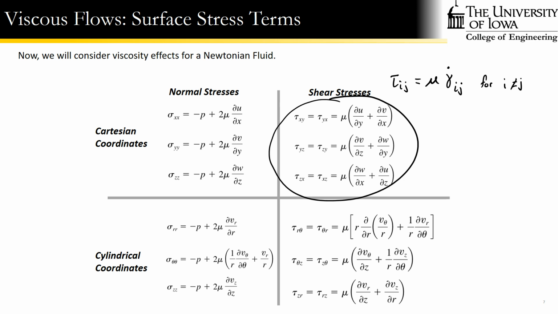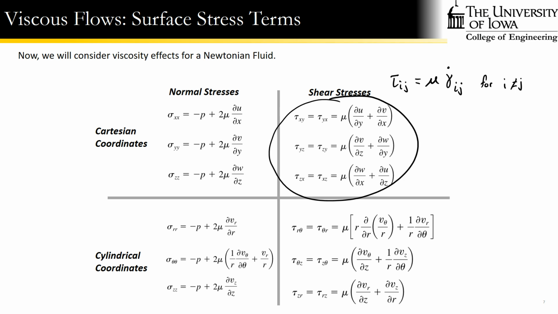That is, for shear stresses, it's simply the viscosity times the rate of strain. Just like we did before, right? We said that the shear stress was equal to mu times, in most cases, du dy. That was for a 2D flow.